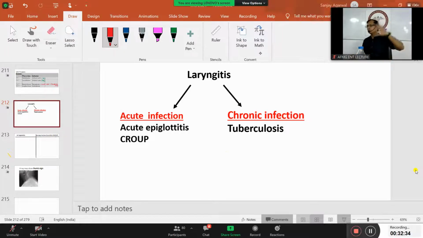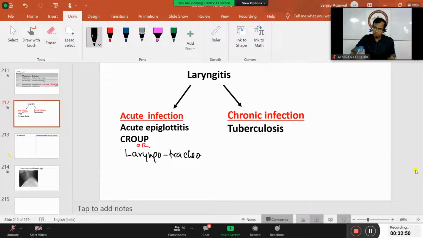So we have 2 in the acute and 1 in the chronic. Acute is epiglottitis and croup. What is croup also called? Croup is also called laryngotracheobronchitis, isn't it? That means larynx, trachea and bronchus, all 3 at the same time.